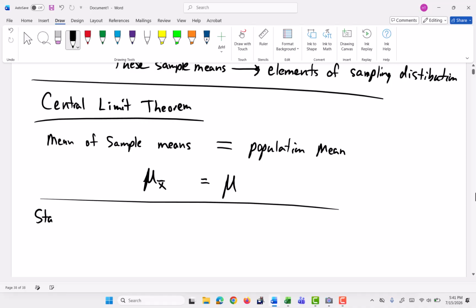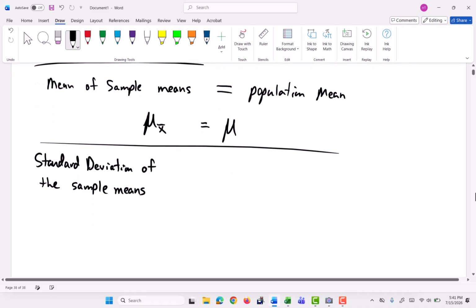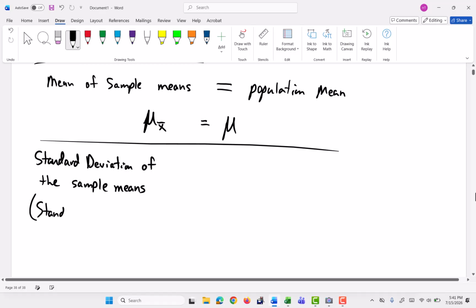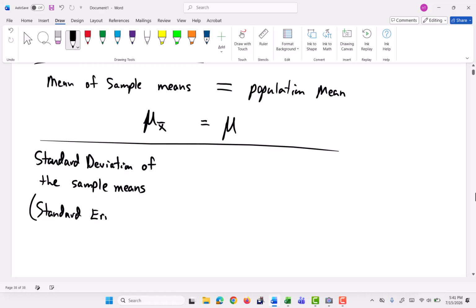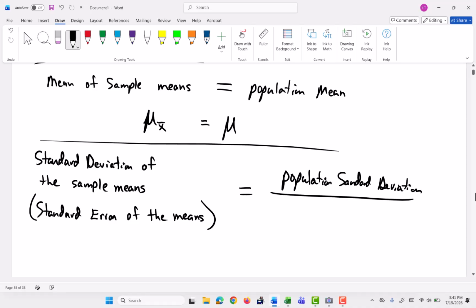And the standard deviation of the sample means, sometimes referred to as the standard error of the means, is equal to the population standard deviation divided by the square root of n, the sample size.